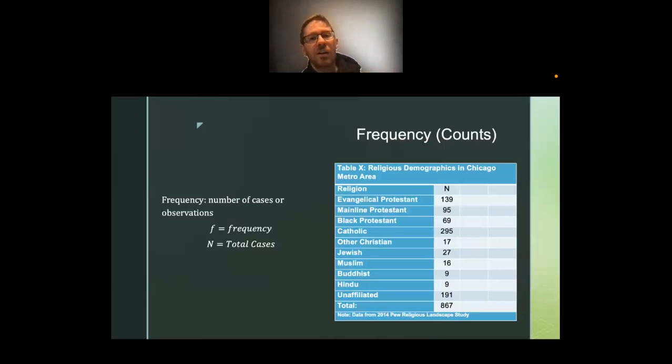For each category is listed a number. So for evangelicals, there's 139 out of the 867. So that 139 is the frequency of evangelicals in this data set. We also might just call them cases or counts because you're literally just counting each case that falls within that category. So that is the frequency.